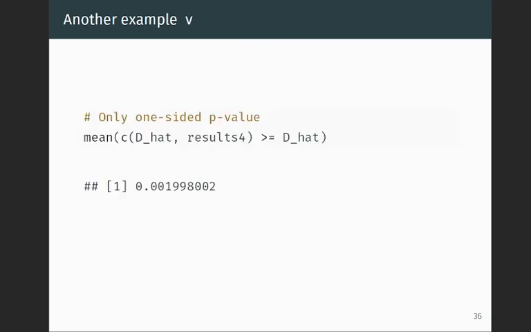And so if we compute that one-sided p-value as before, you see now that it's much smaller. It's 0.002, which is smaller than our significance level of 0.05, and therefore we would reject the null hypothesis that the weight distribution is the same between linseed and sunflower seed.